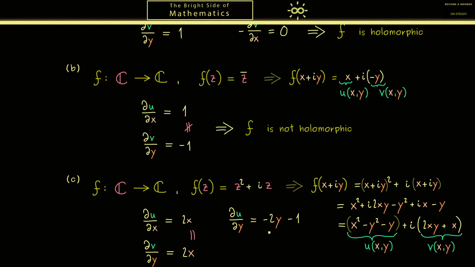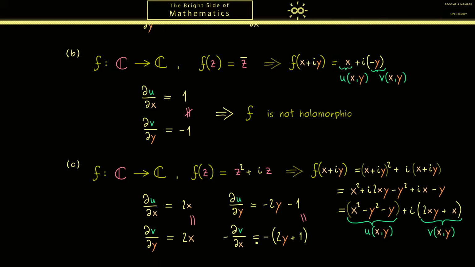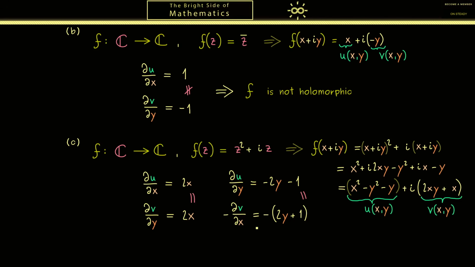Okay, then the last derivative we want to calculate would be the partial derivative of v with respect to x. And there you see, it's 2 times y plus 1. And then for our equation, we just have to put a minus in front. And then we recognize this is the same as du/dy. Therefore, also here, both equations are fulfilled, so the function f is holomorphic.